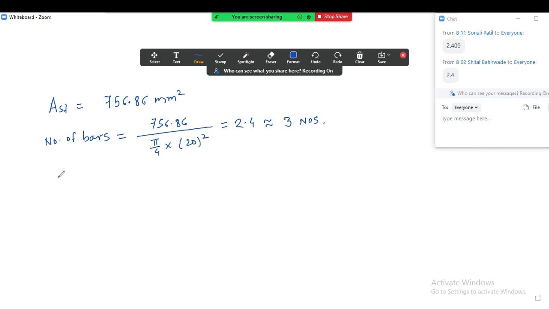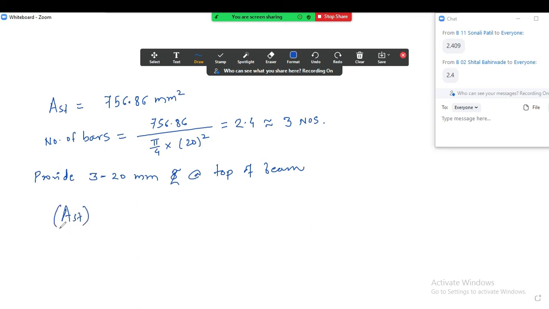So provide 3 bars of 20 mm diameter at the top of the beam.